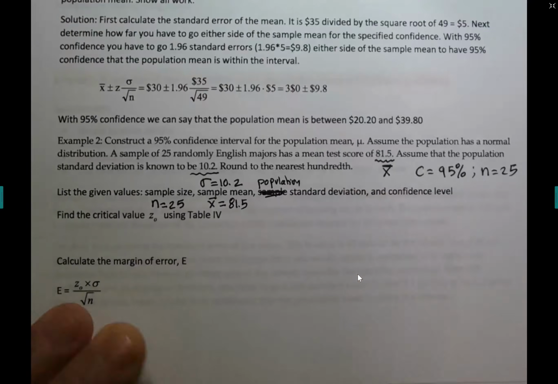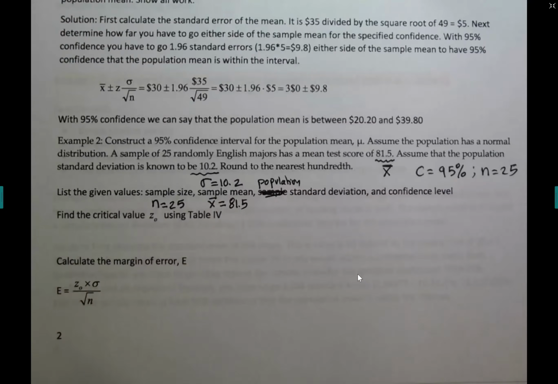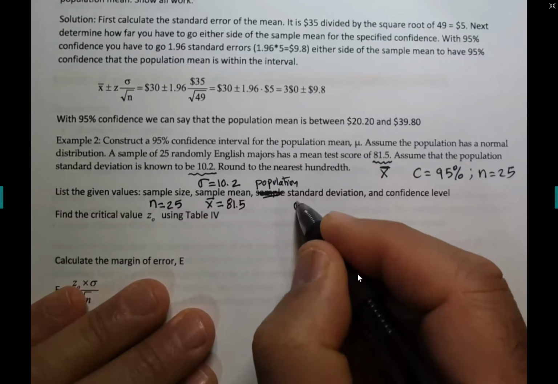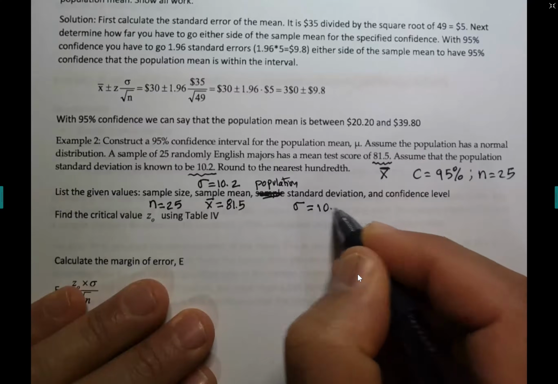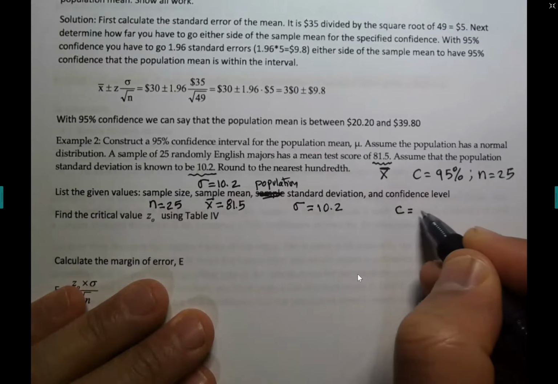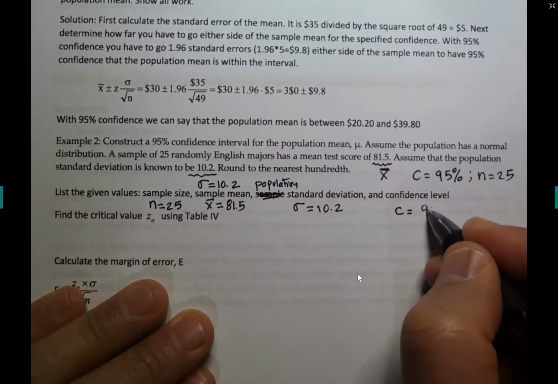You know, the way I create this handout, guys, I cut and paste, and sometimes I forget to change a word here or there. So population standard deviation, sigma. Confidence level, guys, C is what? 95%.